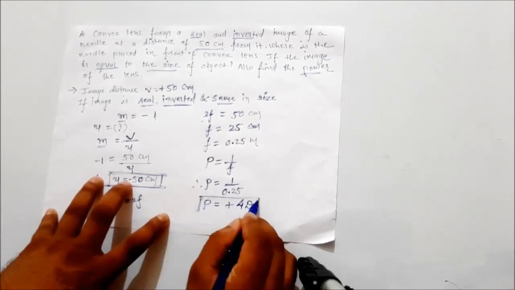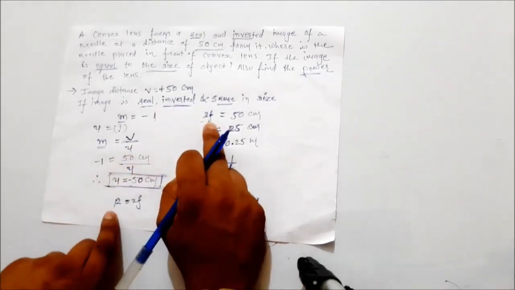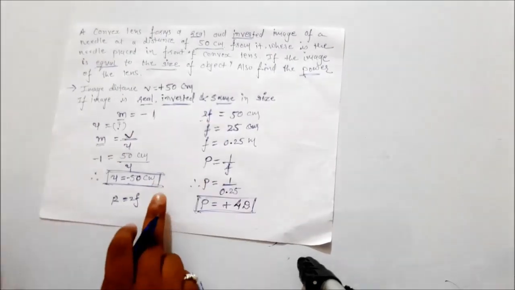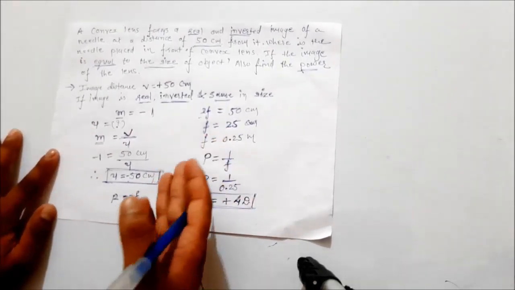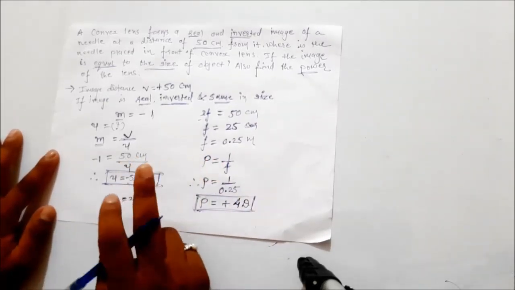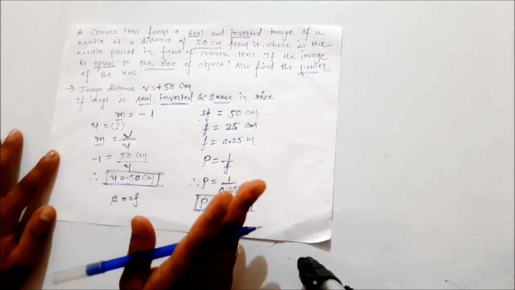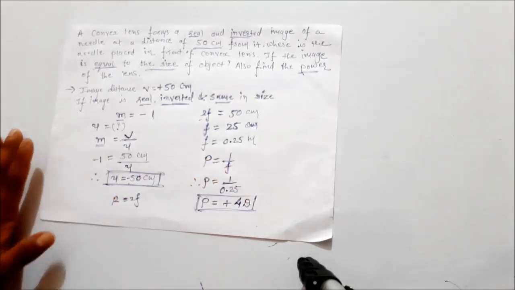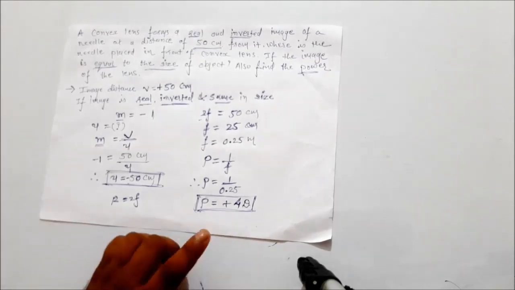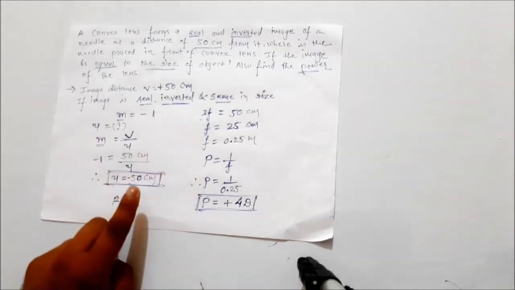By understanding the case, you can directly do like this, that r is equal to twice f, and this is only possible if we have placed the object at r. So by this you will directly get the value of f. Otherwise we can use lens formula, 1 upon v minus 1 upon u is equal to 1 upon f. From this we know that the power of our lens will be 4 diopter, right, and the object will be kept at left side at 50 centimeter from the optical center O.